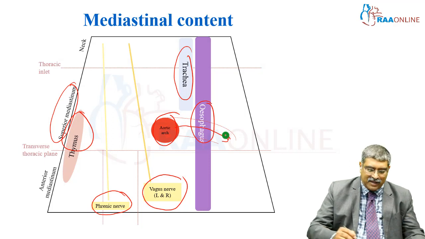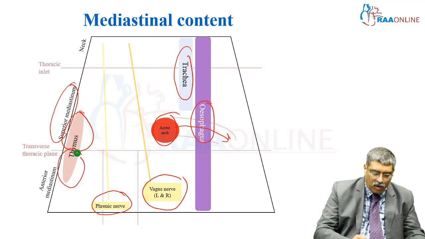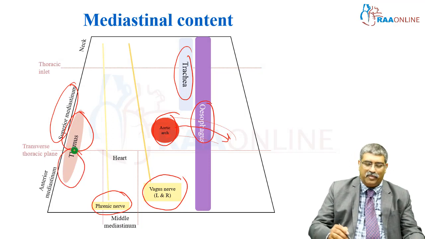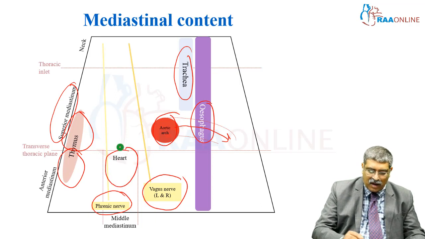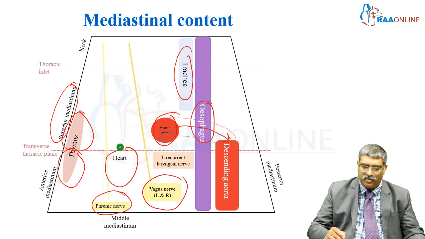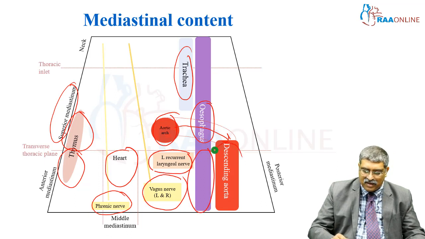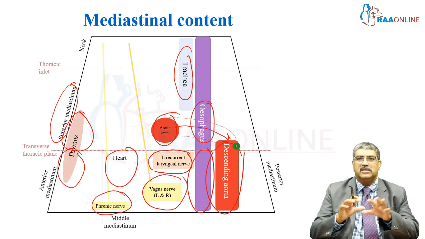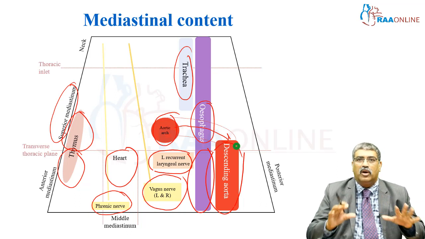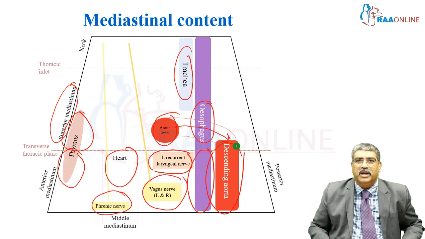Coming to the anterior mediastinum, you have the lower part of the thymus, and in the middle mediastinum, you have the heart, and in the posterior mediastinum, you have vagus nerve, recurrent laryngeal nerve, the lower part of the esophagus, and the descending thoracic aorta. These are all the various important structures which lie in the mediastinum.